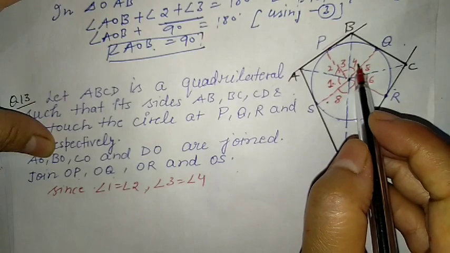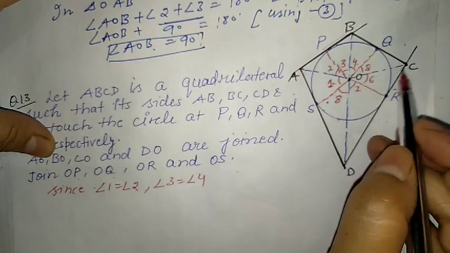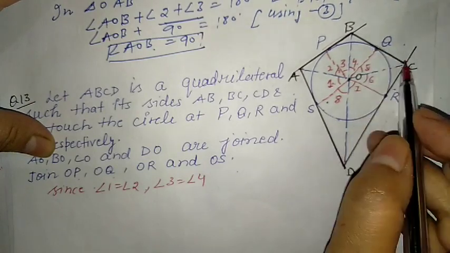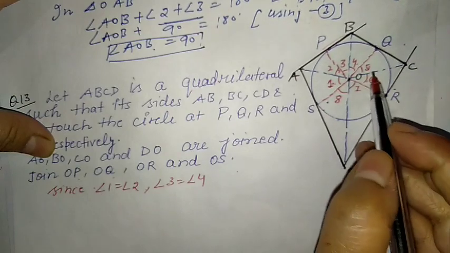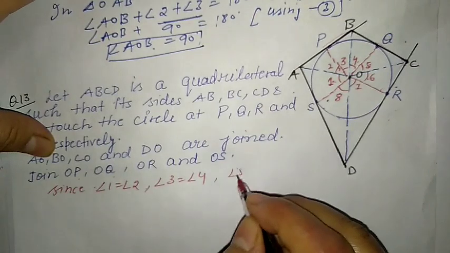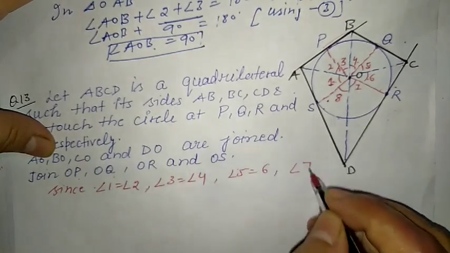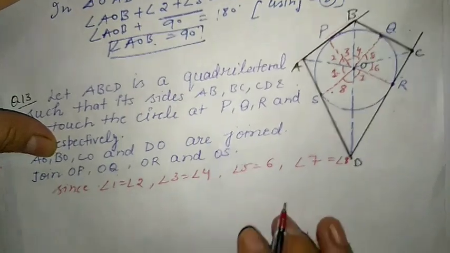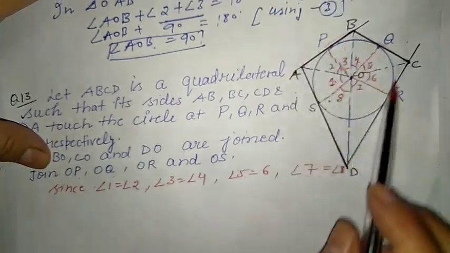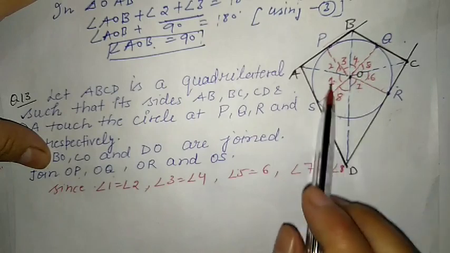Similarly, this is angle 4, 5 and 6, because C is the external point. These two are the tangents and these are the angles at the center. So angle 5 is equal to angle 6 and angle 7 is equal to angle 8. This we have. Now, this is the complete circle, so there is a whole angle.